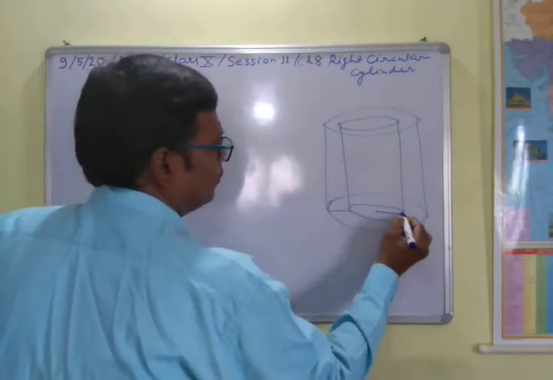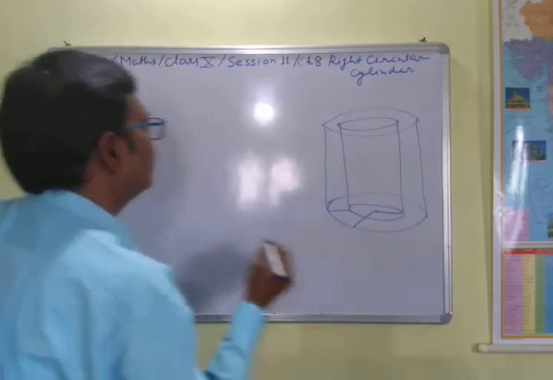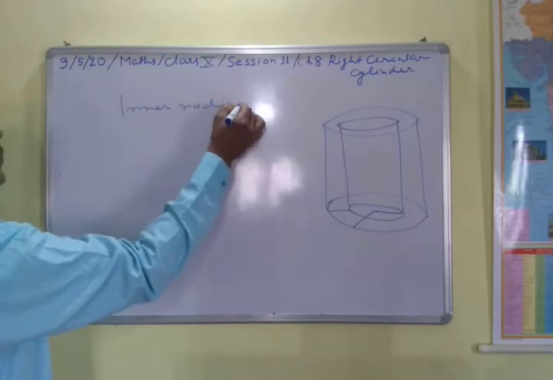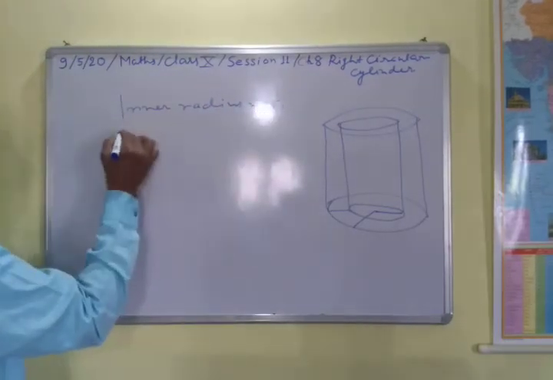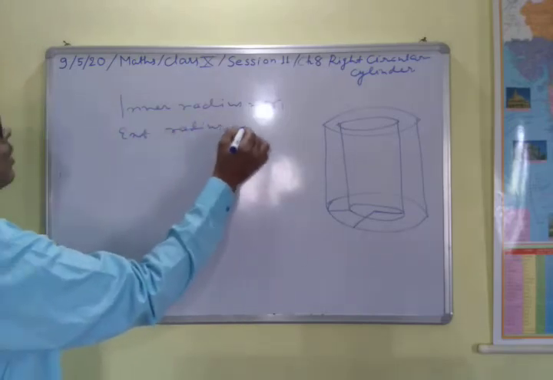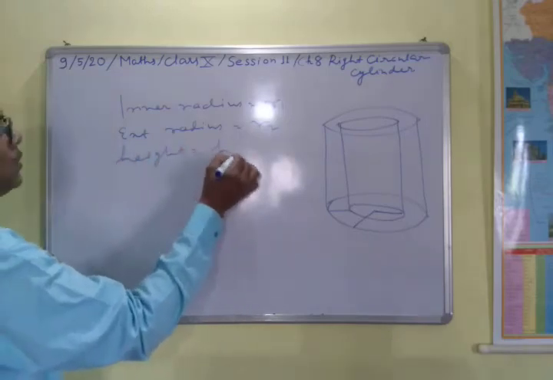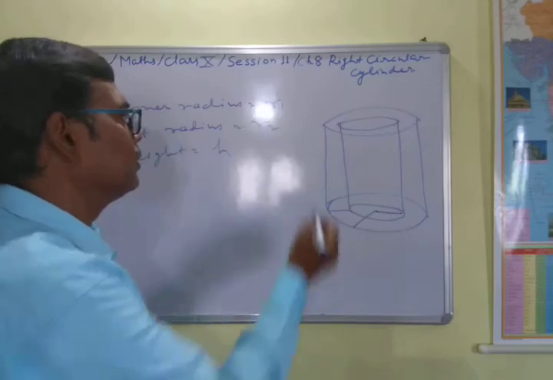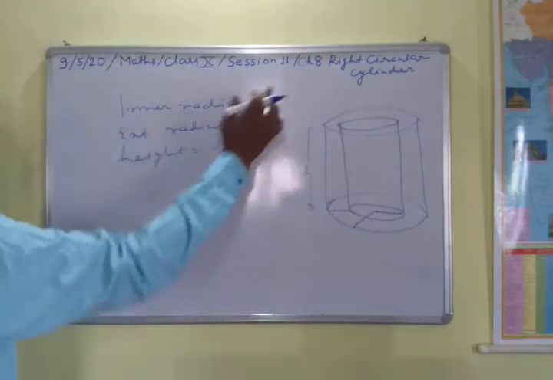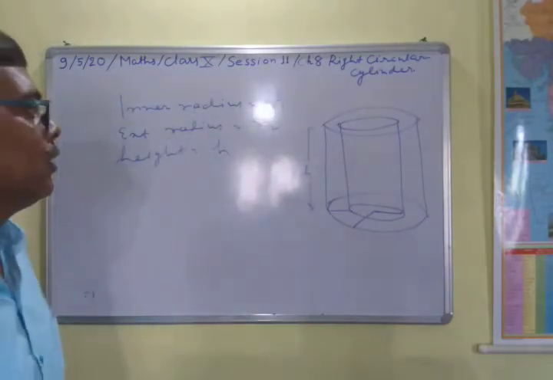The inner radius, suppose, is r1, and the outer radius, suppose, is r2 here, that is, inner radius equal to r1, external radius equal to r2, and height equal to h. The height will remain the same for inner and outer. So the inner radius is r1, the external radius is r2, and the height is h. Then we have to find the total surface area.